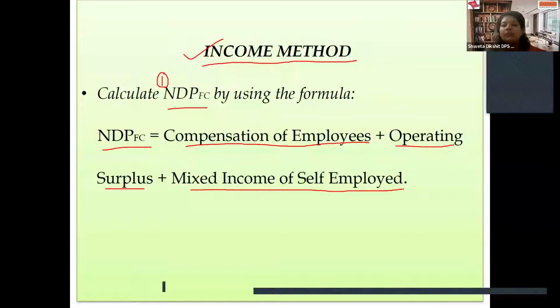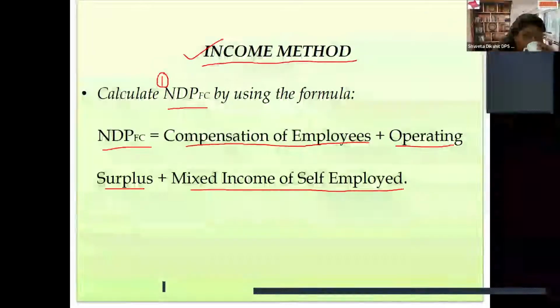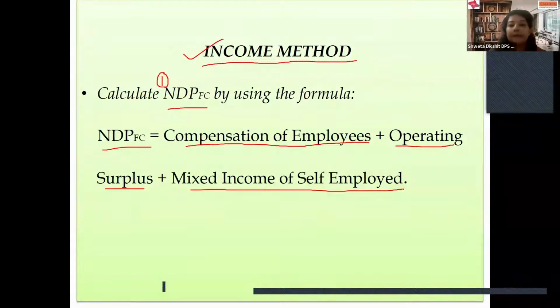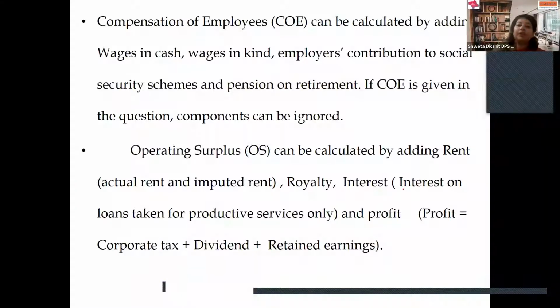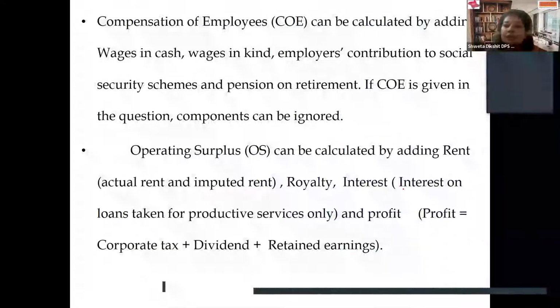So what do you need by compensation of employees? I'll give you a second to note it down. This formula, as I said, is very, very important and very scoring. Compensation of employees, as it sounds, is anything earned by an employee from the employer.